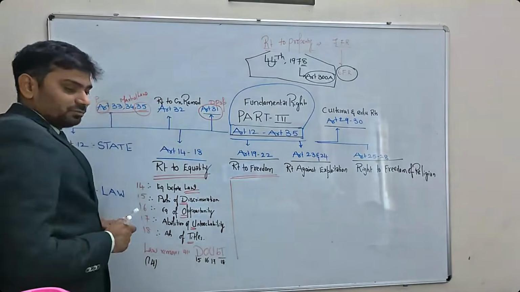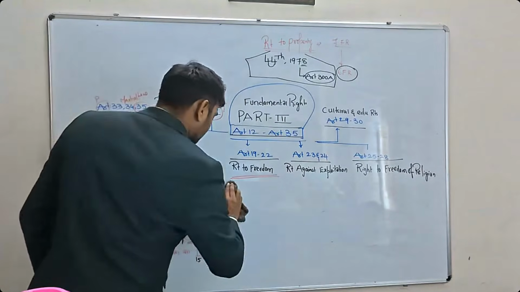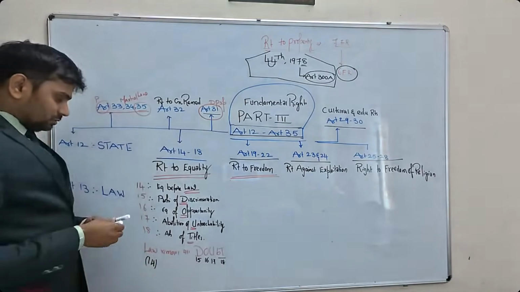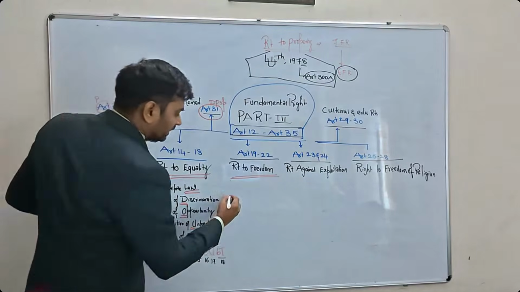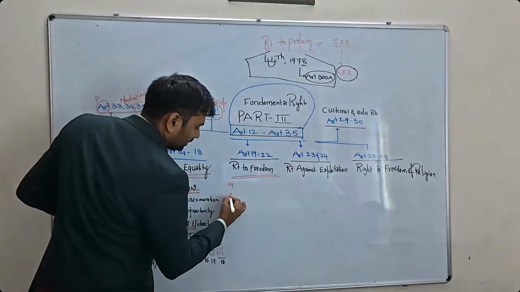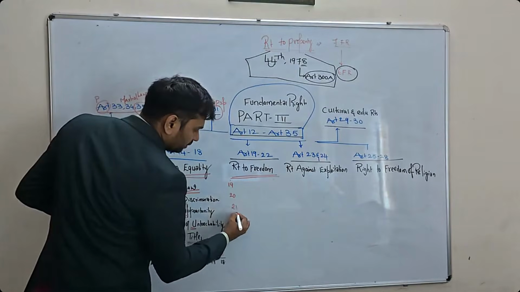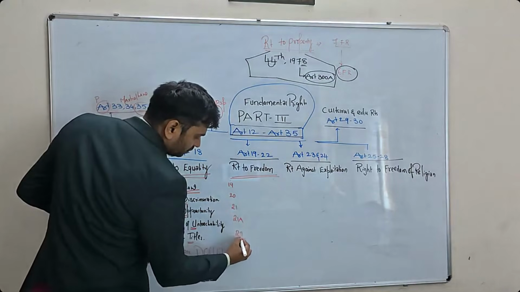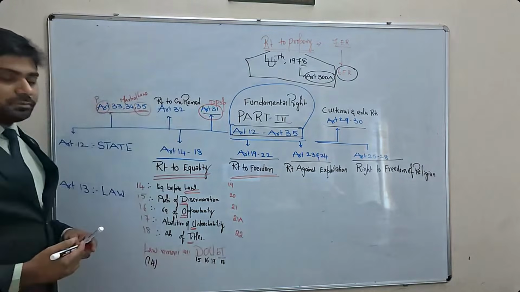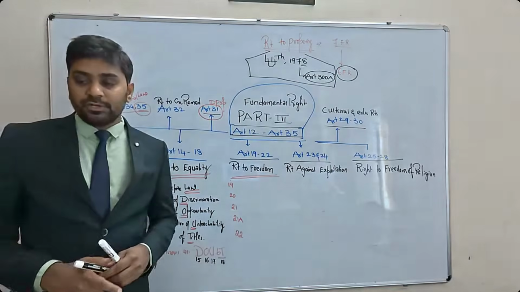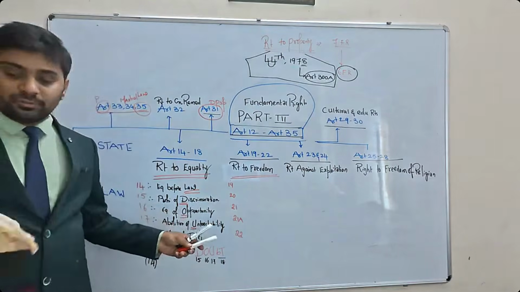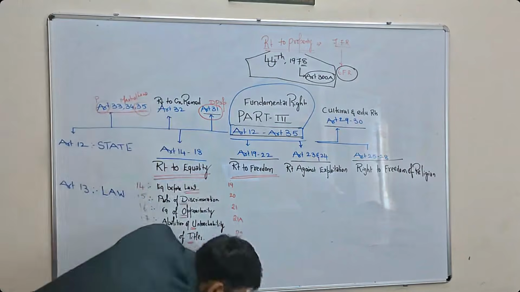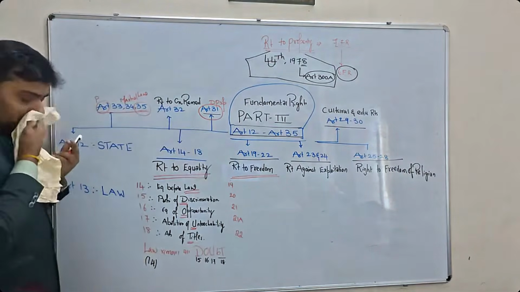We have right number 19, 20, 21, 21A, 22. 21A is there here in the middle, we tend to forget it. Now, what does this speak about?